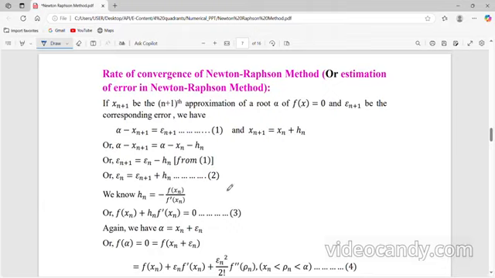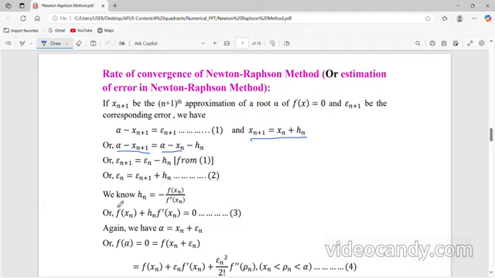This is equation 1. And xn plus 1 equals xn plus hn, so alpha minus xn plus 1 equals alpha minus xn minus hn. So we can write epsilon n plus 1 equals epsilon n minus hn from equation 1. So epsilon n equals epsilon n plus 1 plus hn, equation 2.